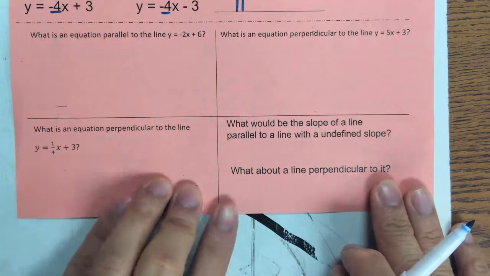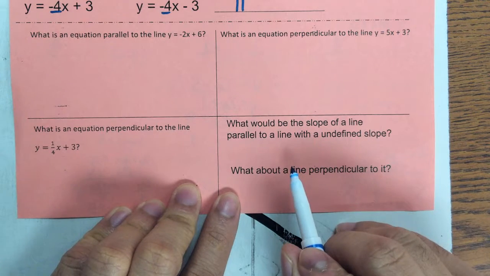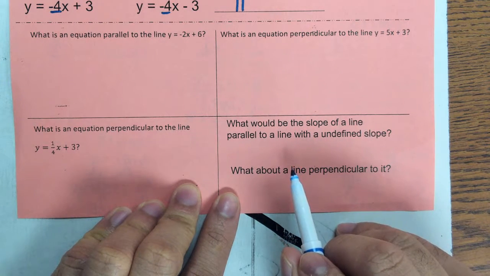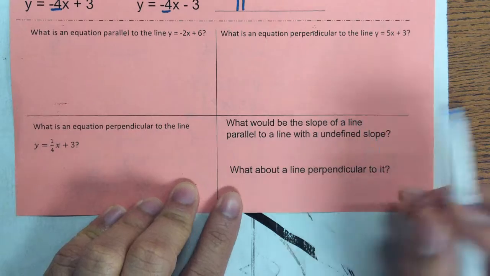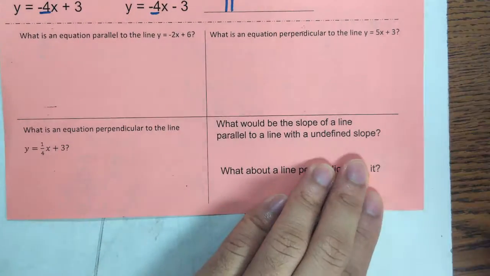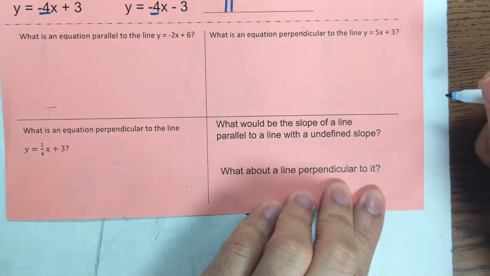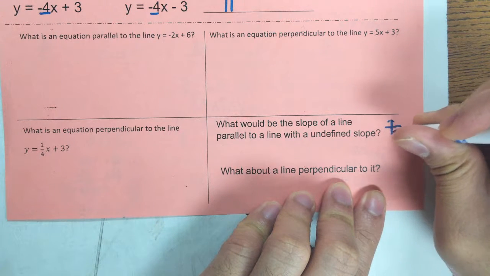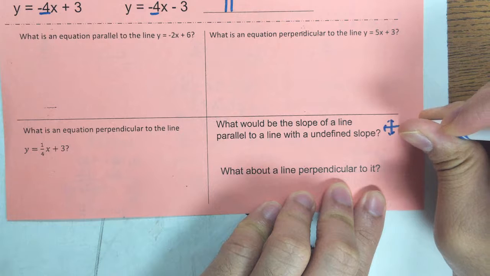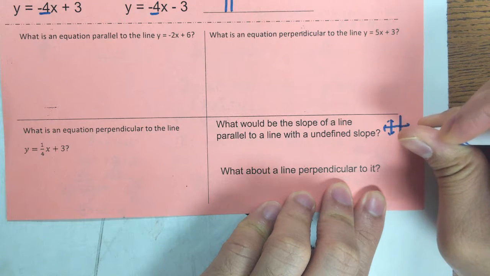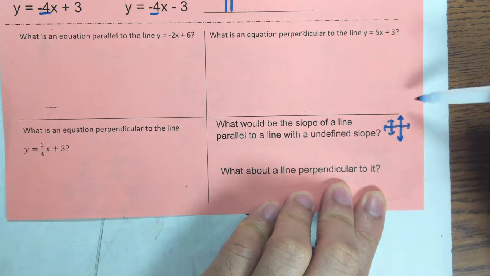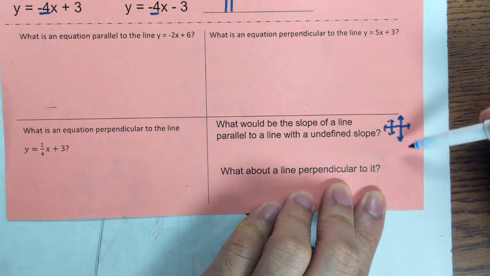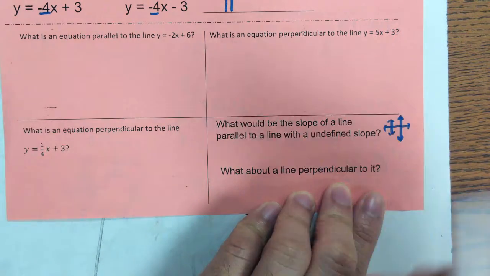And last part I'd like to talk about is this box over here. What would be the slope of a line parallel to a line with an undefined slope? An undefined slope is a vertical line. So quickly drawing a sketch of a graph. That's an undefined slope. The line's completely vertical.